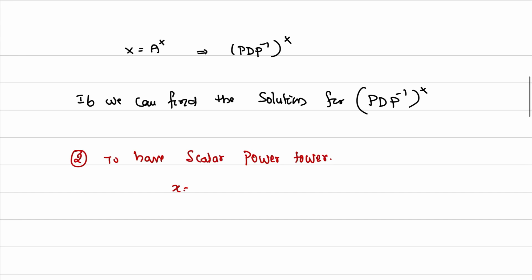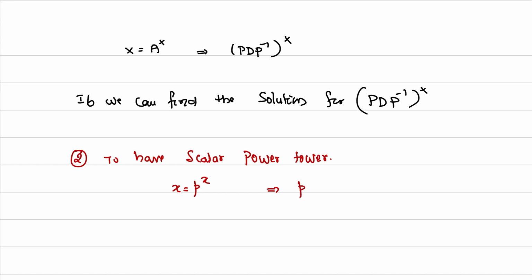Let x is equal to P to the power of x. This type of problems, many problems we have solved in the previous classes. Please see those scalar power tower lectures and understand. Here, what is the value of P?